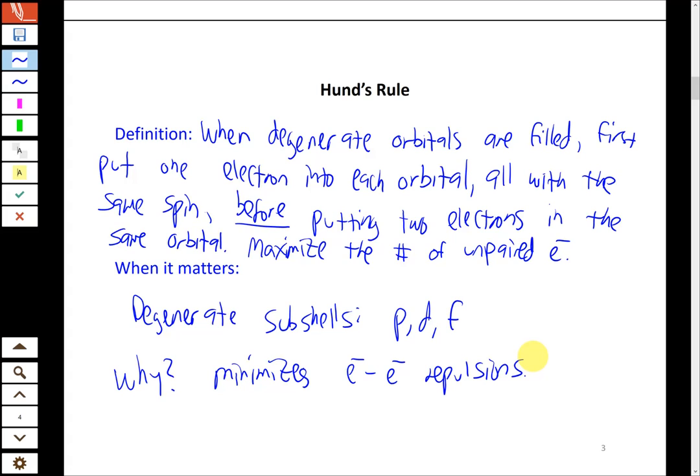Because if two electrons are in the same orbital, on average, they're closer to each other than two electrons that are in different orbitals. So by putting them in one orbital at a time, you put the electrons as far away from each other as possible. Even though all those orbitals are at the same energy, remember they're oriented differently in space. Putting two electrons into the same orbital forces them into the same region of space, which makes the electron-electron repulsion stronger. But again, it's not so important that you understand why.